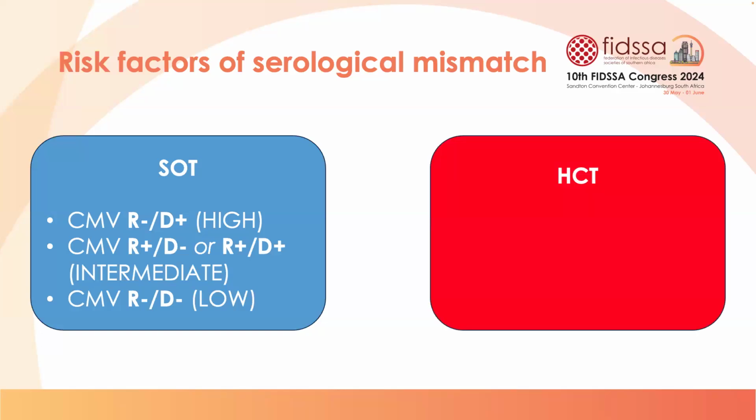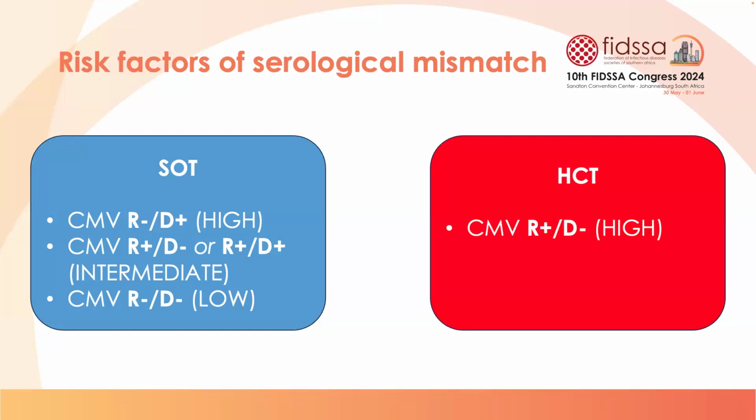For hematopoietic cell transplant, the highest risk is different. If the recipient is CMV IgG positive and is then given a stem cell transplant from a donor that is negative, you're basically transplanting, in CMV terms, a naive immune system to someone who has CMV living latently in some cells.